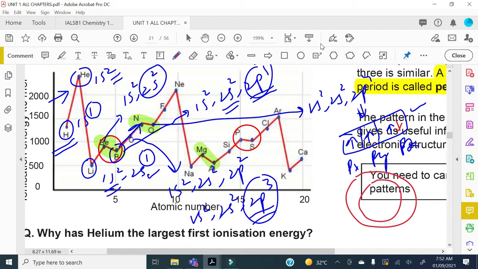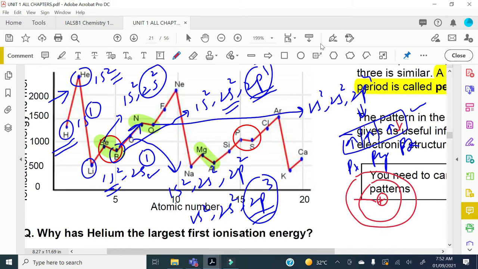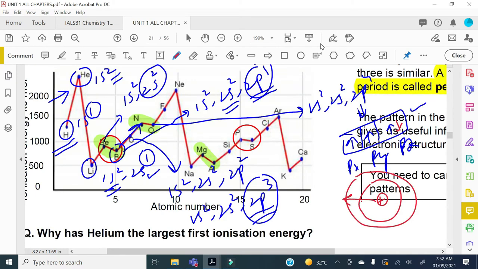Enlarging the size means that if this is the nucleus, the subshell has gone from this place to this place now. So it is bigger now, away from the nucleus. Force of attraction is less now, so a smaller amount of energy is needed for this. Are you getting my point? Yes, sir. So less energy is needed, that's why there's a drop. Okay.